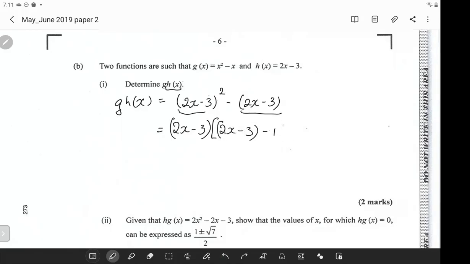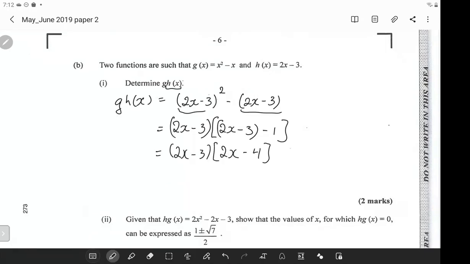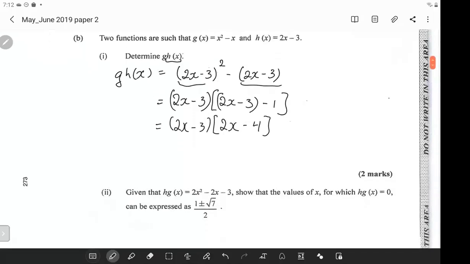Notice, if I distribute, I'll get (2x minus 3) squared minus (2x minus 3). So therefore, we have 2x minus 3, and inside we have 2x minus 4. And now this should be fine. You could distribute it and simplify, but this is already gh of x.